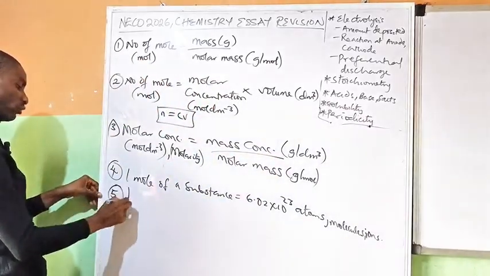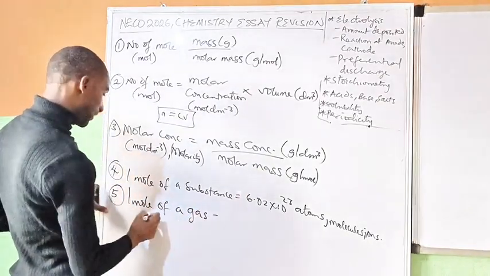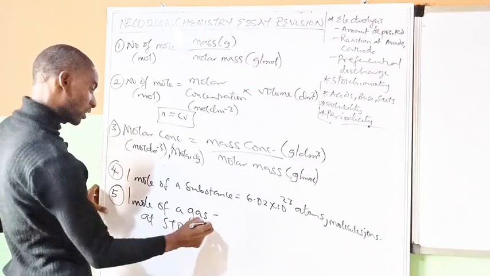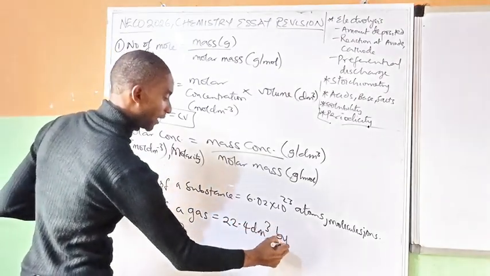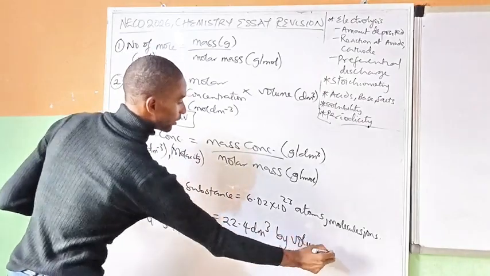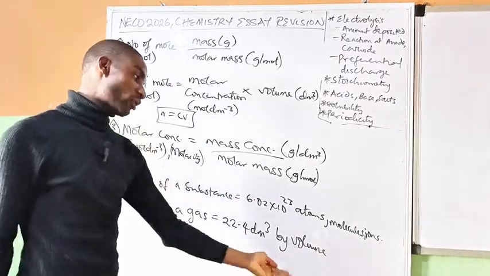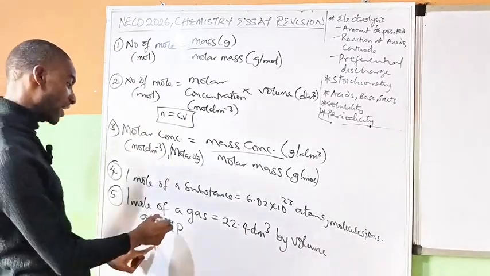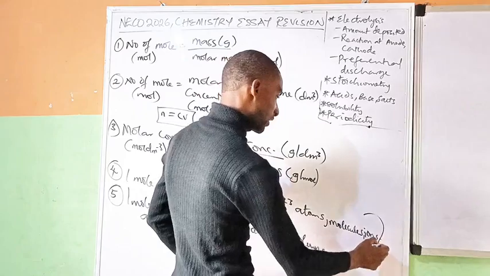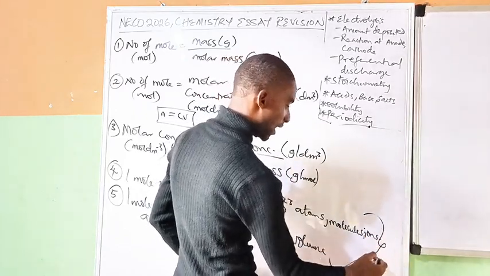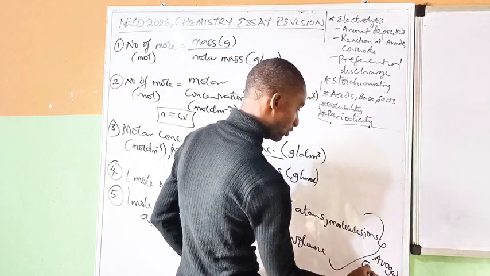And number 5, 1 mole of a gas at STP equals to 22.4 dm cube by volume. Meaning the volume of 1 mole of a gas at STP is 22.4 dm cube. STP means standard temperature and pressure. And these last 2 equations are called the Avogadro's constant.